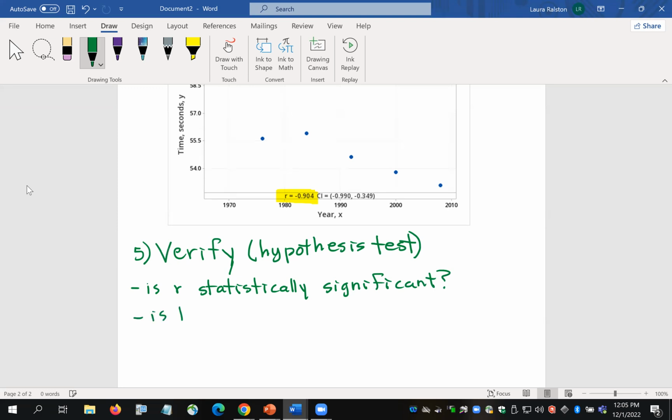And is there a linear correlation between the two variables? Those are the two questions that we're ultimately going to verify, prove beyond a shadow of a doubt, when we conduct this hypothesis test.